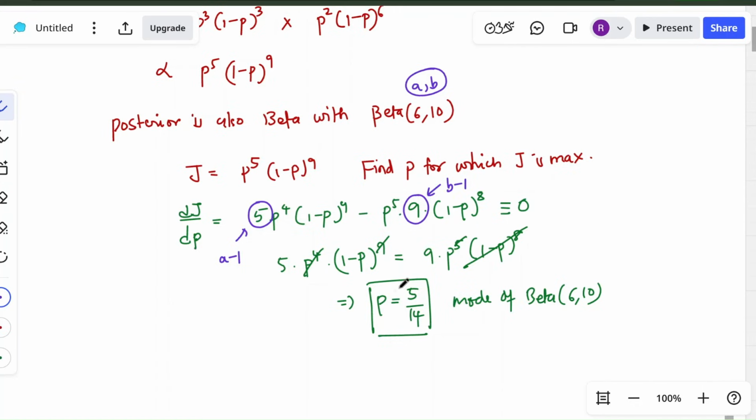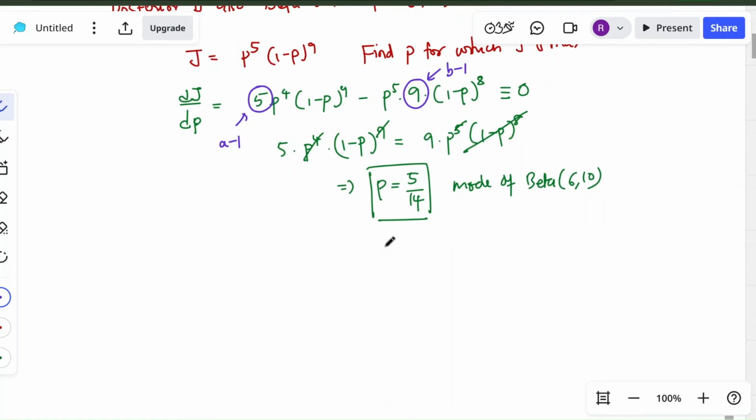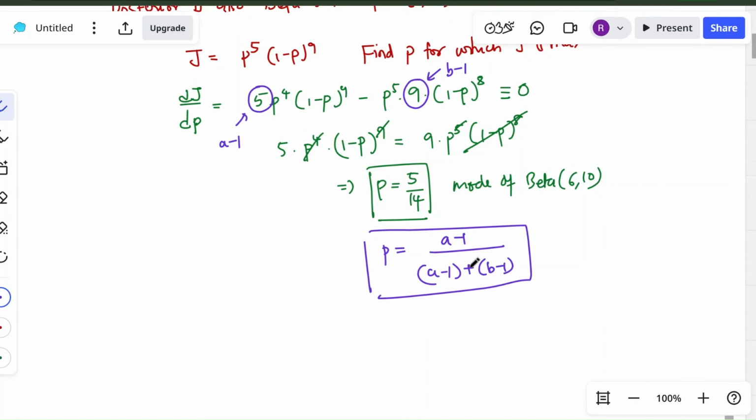And then this whole thing would happen in a similar fashion, and you'll have p equal to a minus 1 divided by a minus 1 plus b minus 1. So this is actually the mode. The mode of the beta distribution with a and b as the parameters is given by a minus 1 by a plus b minus 2.